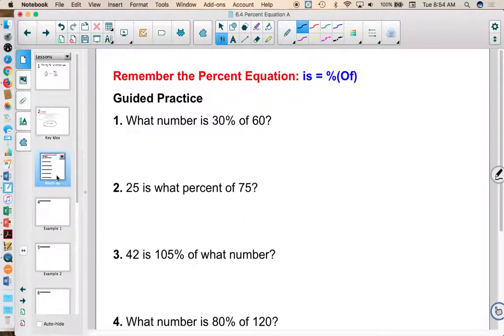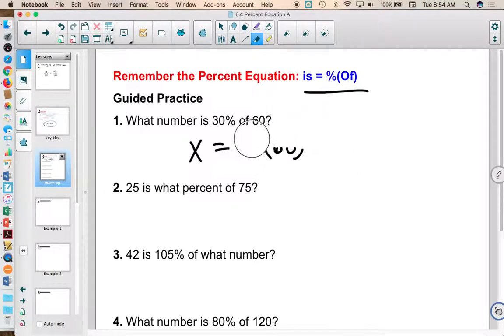So with that being said, let's see what we can do with this. Remembering, is equals percent times the of. What number is 30% of 60? It's asking me what number, so that's my x.